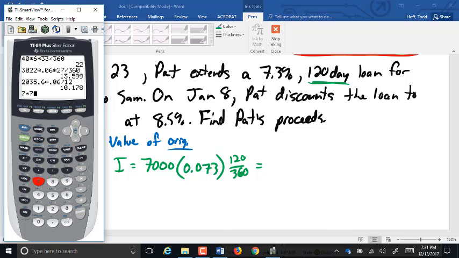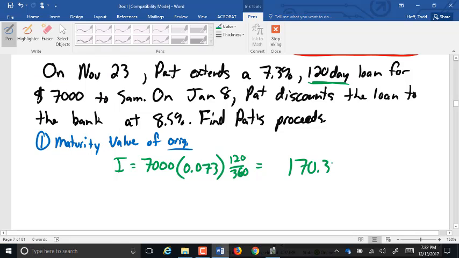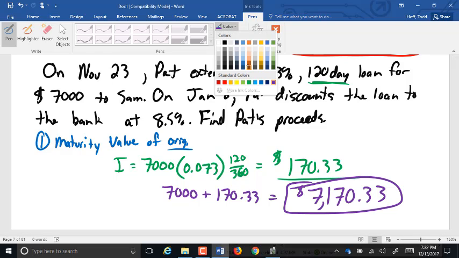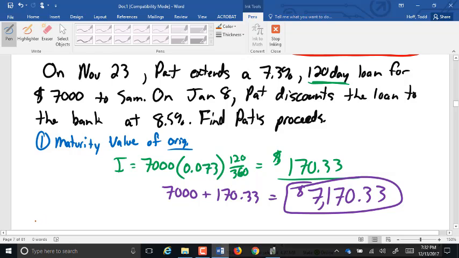So 7 times 7.3 over 3, we get $170.33. That would be the interest on the original loan if it went full term. So we add that to the 7,000. So $7,170.33 is the maturity value. What is step 2?